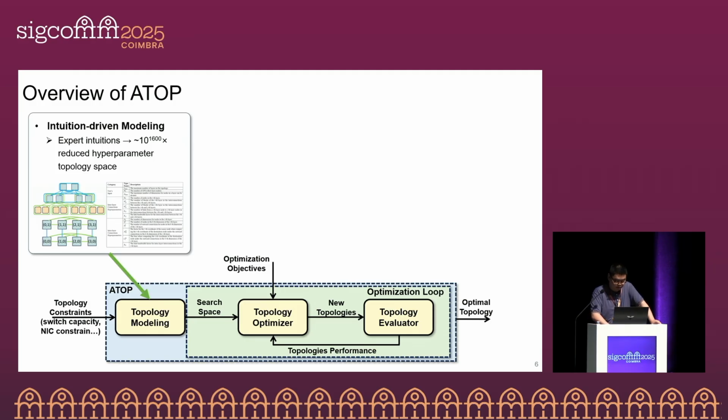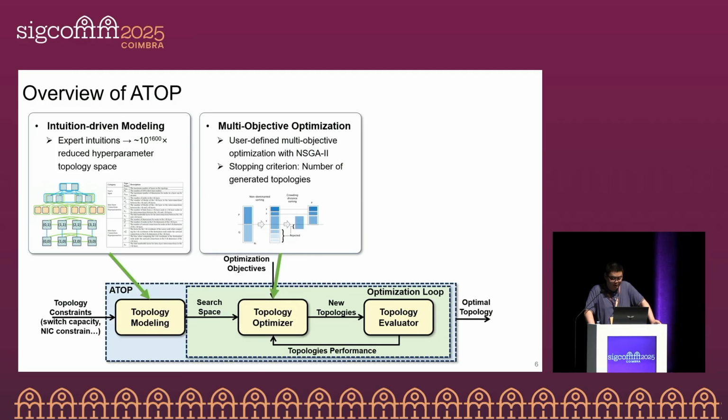And the second part of ATOP is the topology optimizer. It allows users to customize their objectives and perform efficient optimization using the optimization algorithm in SGA2. As a stopping criterion, we use a number of generated topologies.